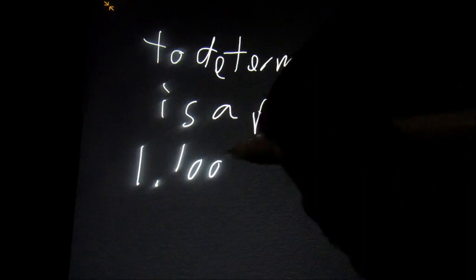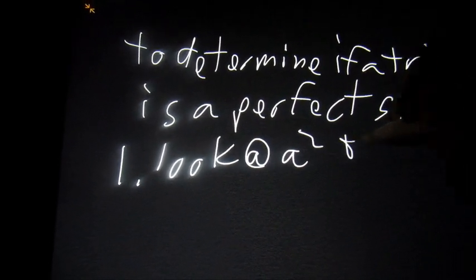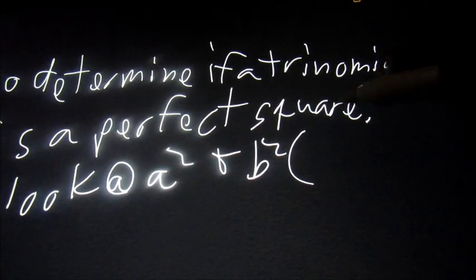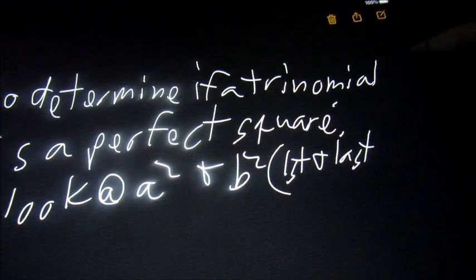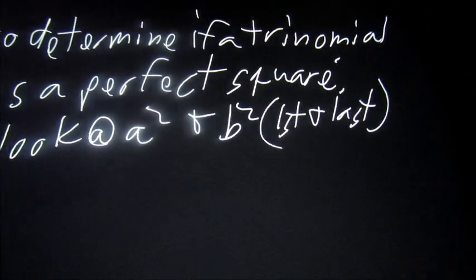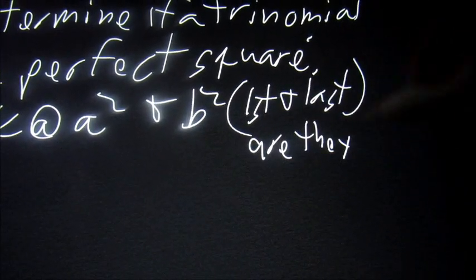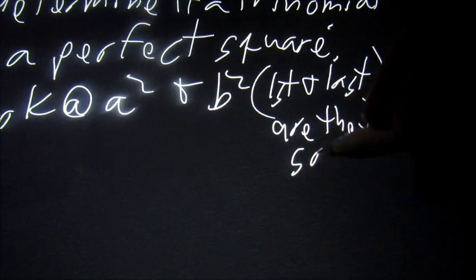First we're going to look at a squared and b squared, the first and last terms, and we're going to say, are they perfect squares?